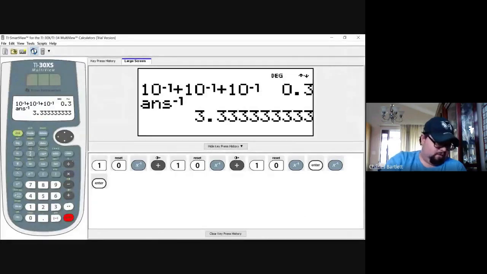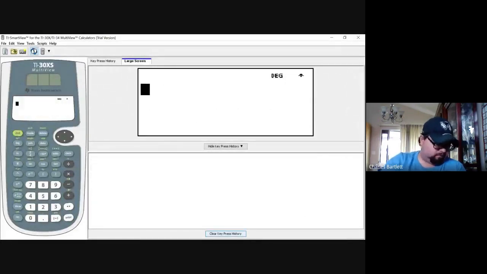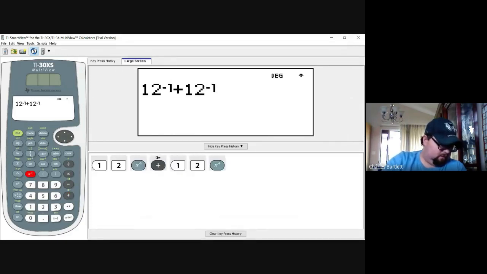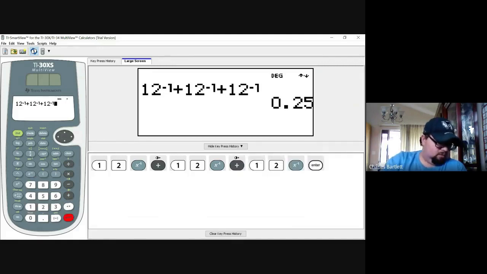And let's do a proof of concept on the calculator. 12 to the negative first plus 12 to the negative first plus 12 to the negative first equals 0.25. And if we do the negative first of that, which we're changing from a reciprocal to a whole number, we do get the 4.